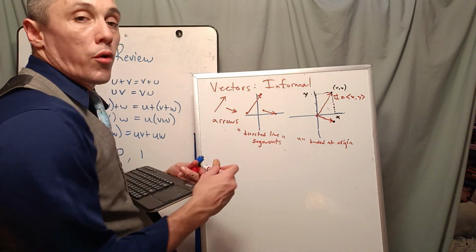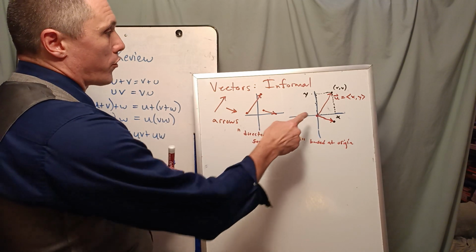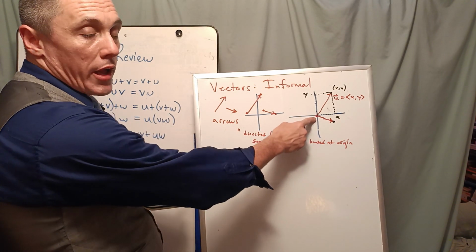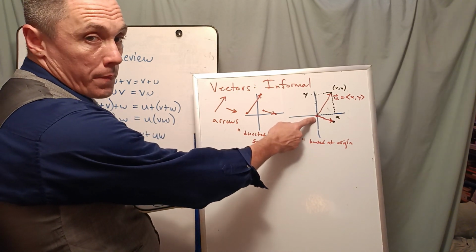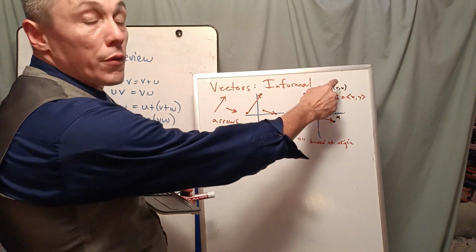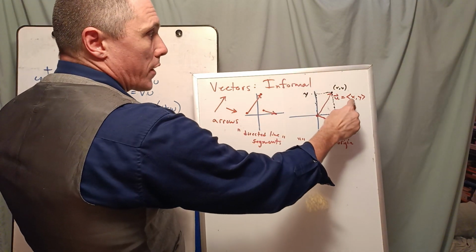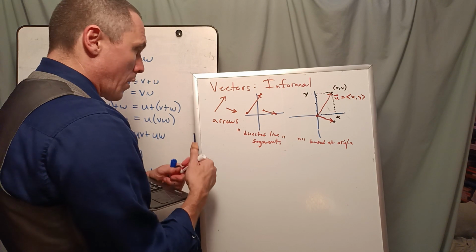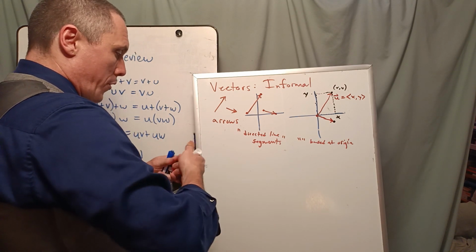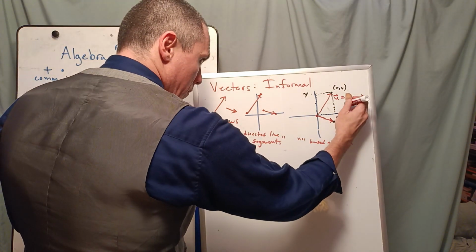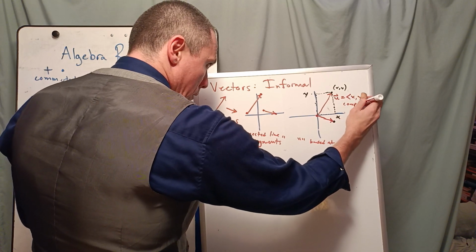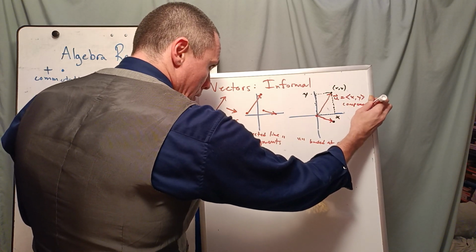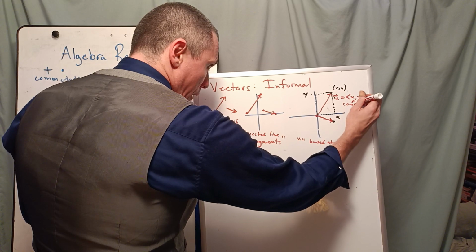So if you view your vector as an arrow with an initial point at the origin, the point that it points to will be its coordinates. And we would call this component notation for the vector. I'll just call these components for right now.